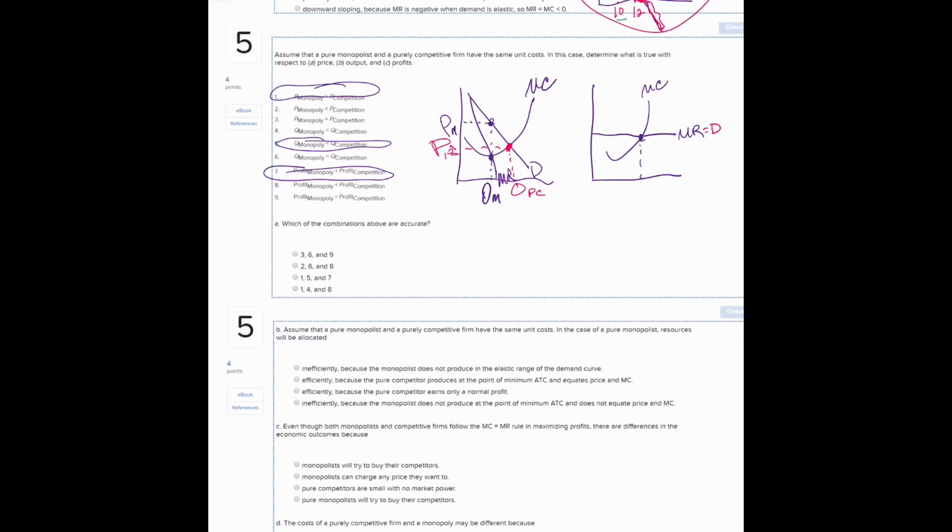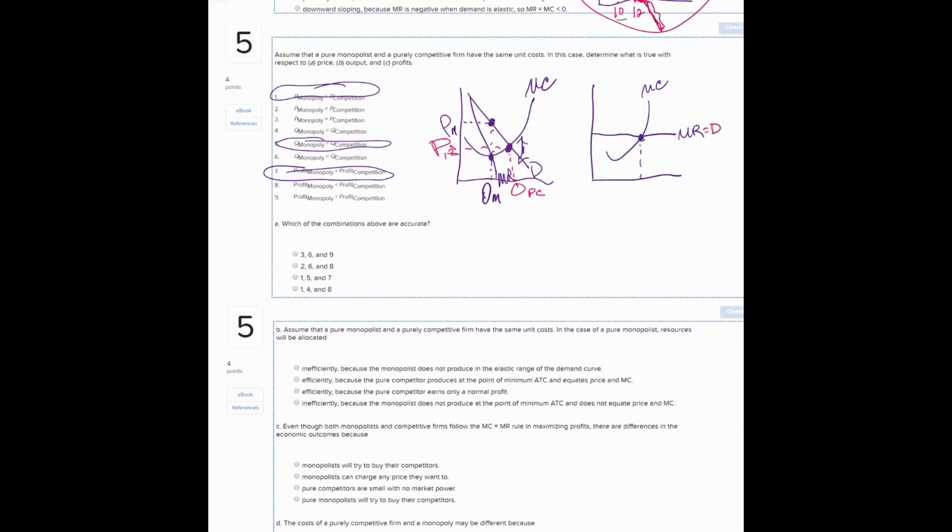If they're producing, let's assume this is average total cost as well, they're at zero economic profits for the perfect competitor. They're producing at the price that it costs them to sell, right? Marginal cost is equal to the price in the marketplace, demand. So they're going to be breaking even, whereas the monopolist is going to have positive economic profits equal to the distance between this.